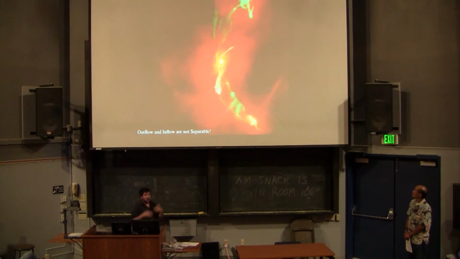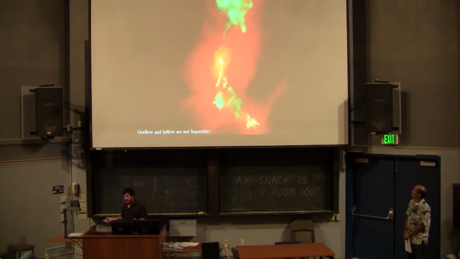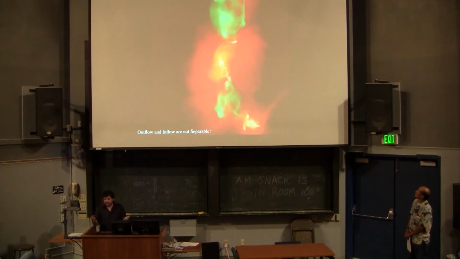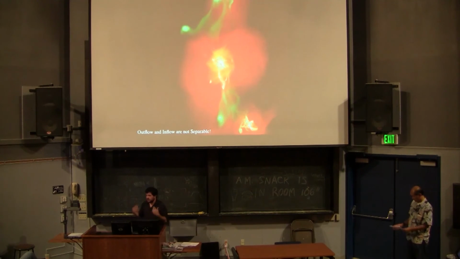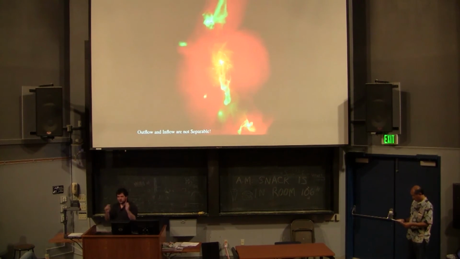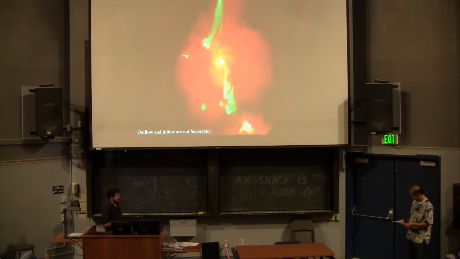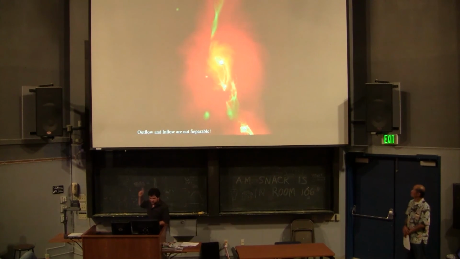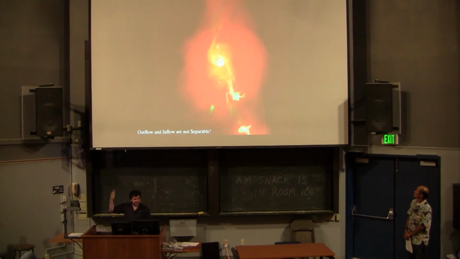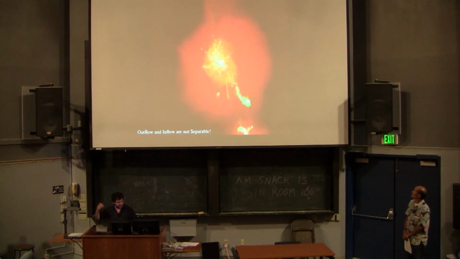And that's essentially how all our semi-analytic models work. And the truth is, it's how most of our subgrid models that we're using for simulations of galaxy formation work. They're implicitly making this assumption that there's no coupling between inflow and outflow directly, and that we can separate those regimes. And you can actually just see in the movie how outflows smash into the inflowing filaments and change their structure.